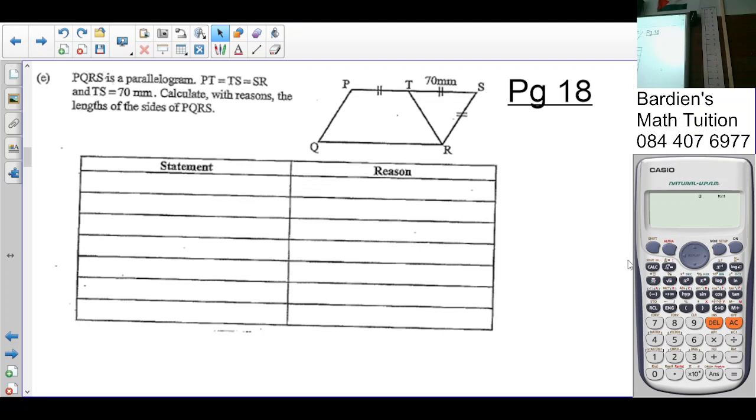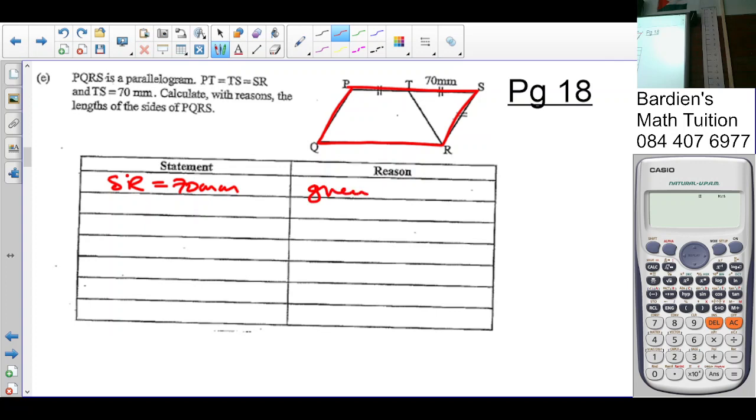Calculate with reasons the sides of PQR. So people, we know that SR is equal to 70 millimeters. Why?